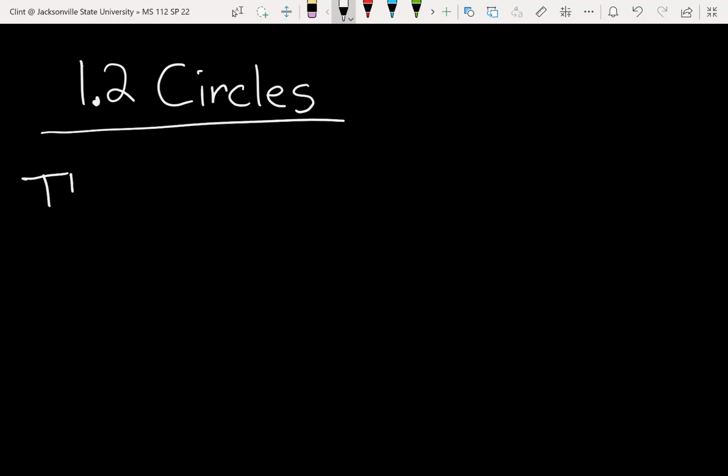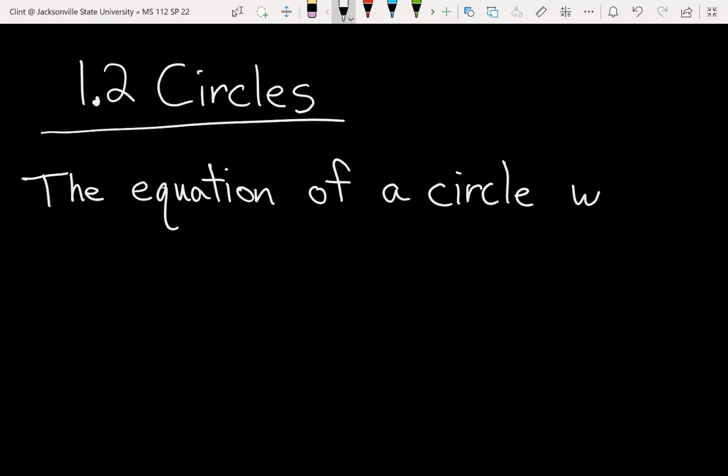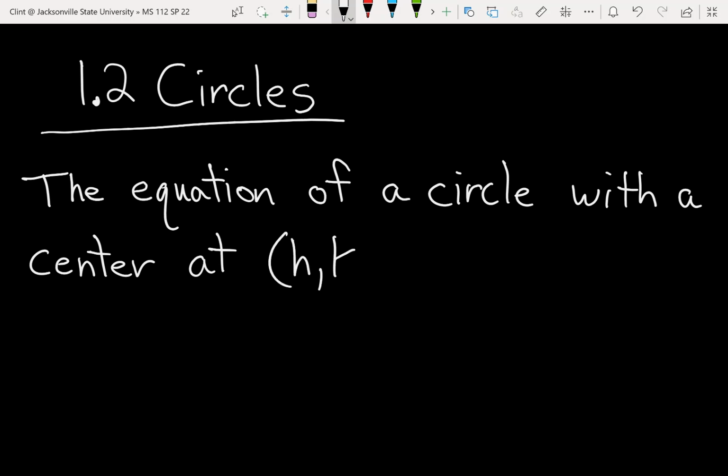Okay, so we'll look at that. Two of the important values when dealing with circles are where the center is located and what the radius of your circle is.